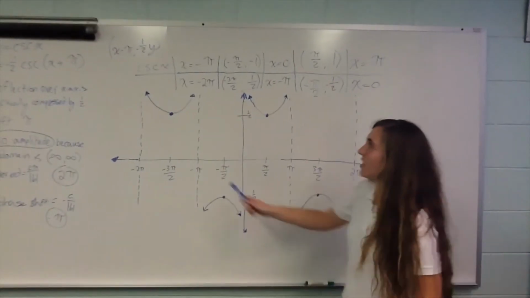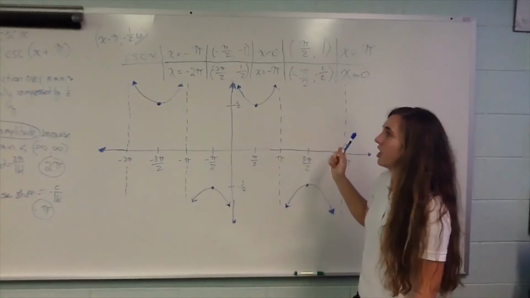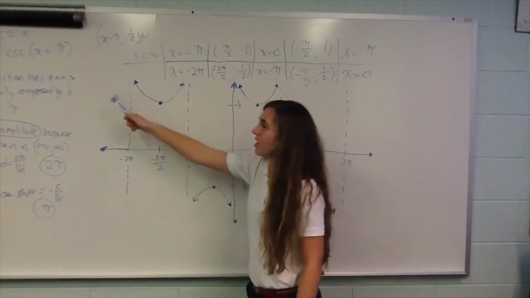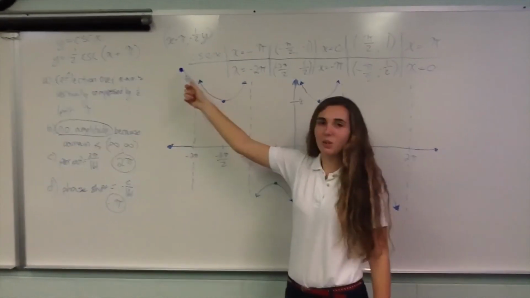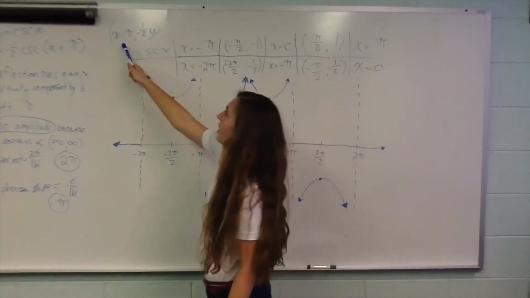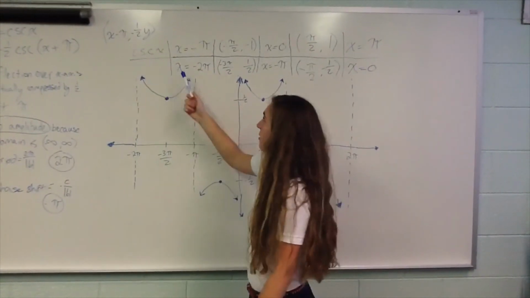Okay, these are our original points for the cosecant equation, and we're changing them to match the changes in the cosecant equation. So we are subtracting pi from the x values and multiplying the y values by negative 1/2.